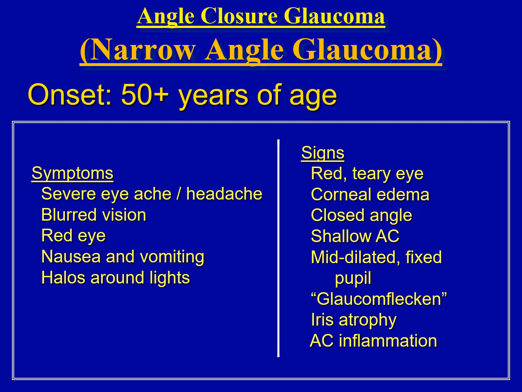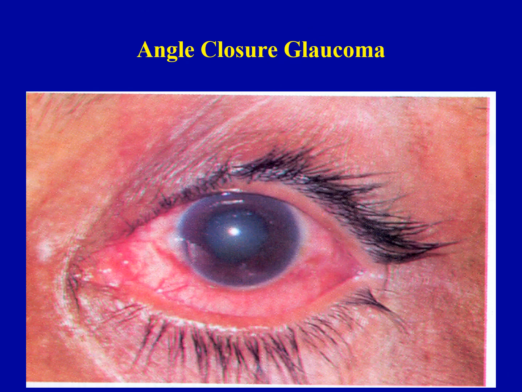In this picture, you can appreciate circumcorneal congestion, corneal edema, the pupil is mid-dilated, posterior synechiae are there, and lens texture is not normal. It has glaucoma fleckens, white opacities. It's a case of previous acute congestive glaucoma.